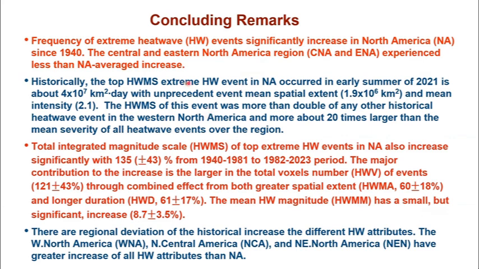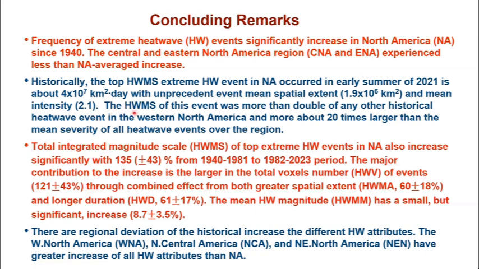And if you look at the top event, the early summer 2021 case, the size is about 40 million square kilometers a day, and the reason for that is that it had an unprecedented mean spatial extent reaching almost 2 million square kilometers, which is about 1/4 of the continental USA in size, and an unprecedented mean intensity of 2.1 compared to before.